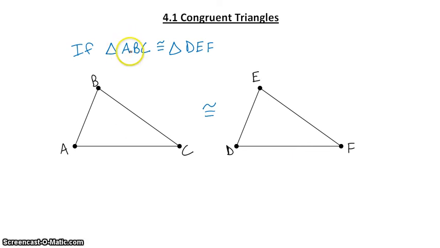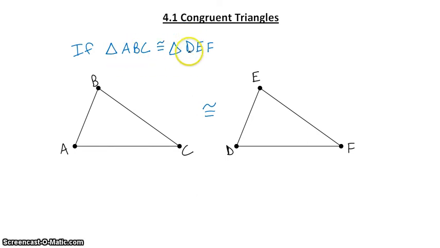If we look at A, it is a point, but that point in the triangle creates a vertex of the triangle, and the vertex of a triangle is just an angle. And A is the first letter, and D is the first letter in our congruent triangles.